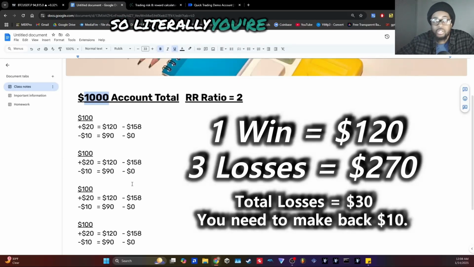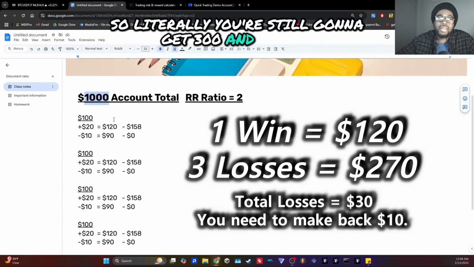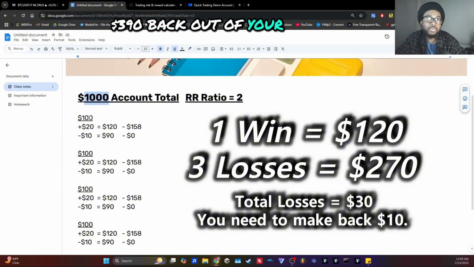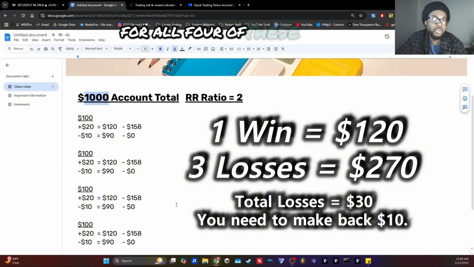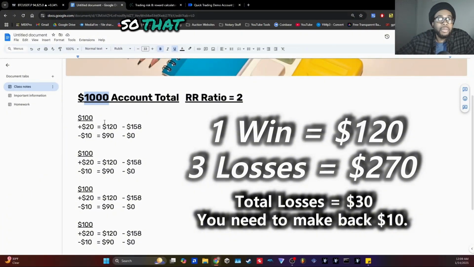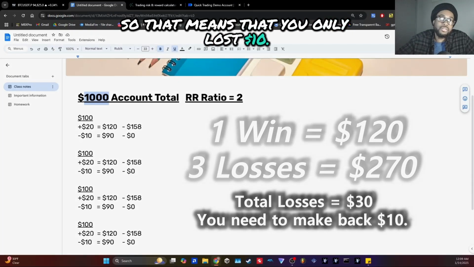So literally you're still going to get $390 back out of your 400 that you put up for all 4 of these trades. You're only going to lose $10 because you only won 1 trade. So that means that you only lost $10.